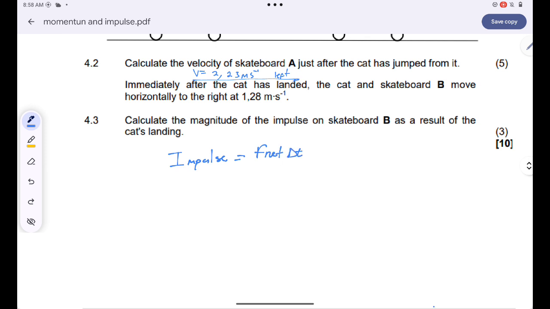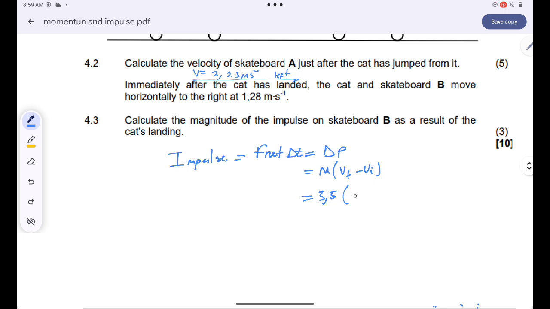But we know that F net times change in time is equal to the change in momentum. Are we together? So it's mVf minus mVi when I find the impulse of skateboard B. The mass of the skateboard is just 3.5.